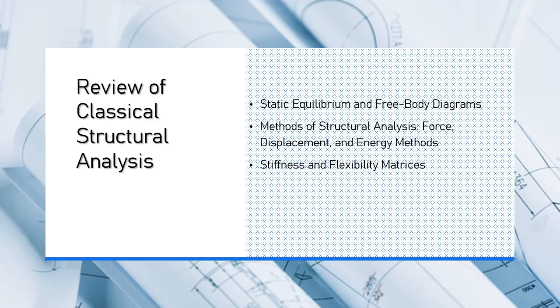The global stiffness matrix K is typically sparse, meaning many of its entries are zero. It is usually symmetric, and solving for the displacements involves inverting the global stiffness matrix. K u equals F, where K is the global stiffness matrix, u is the displacement vector, F is the force vector.